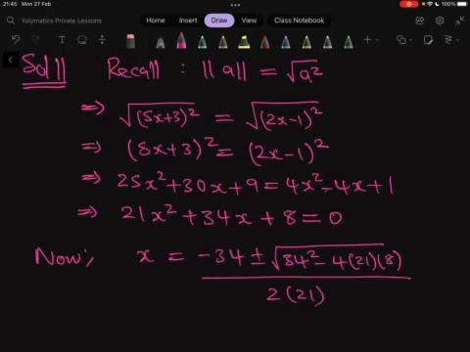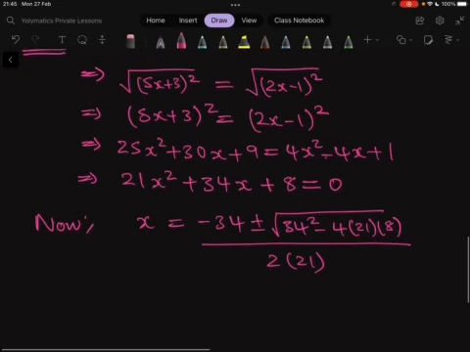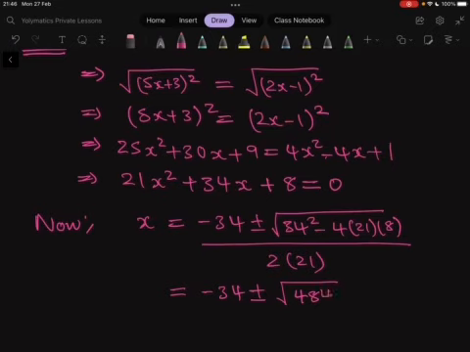Now let's see what we get when we punch that on a calculator. At the bottom, 34 squared minus 4 times 21 times 8 gives us 484, all this over 42.